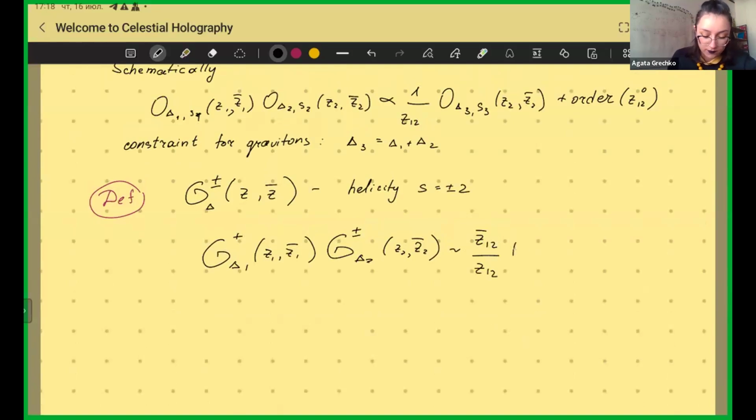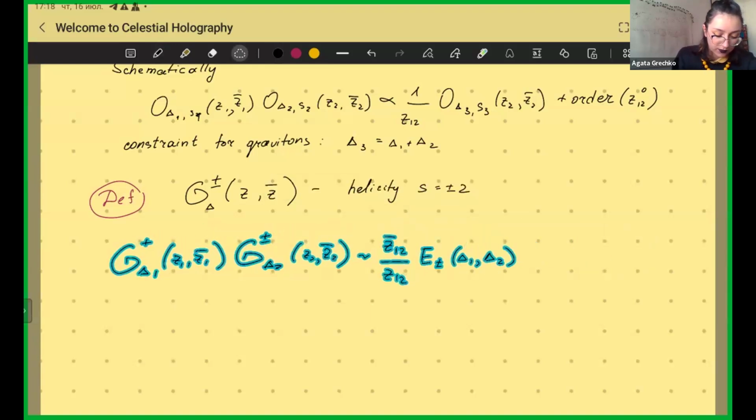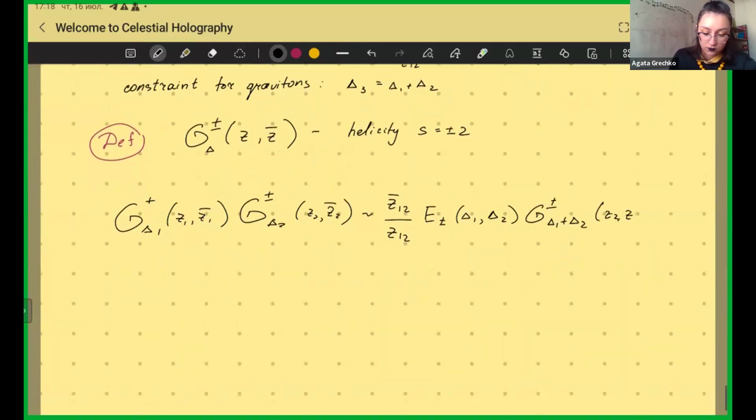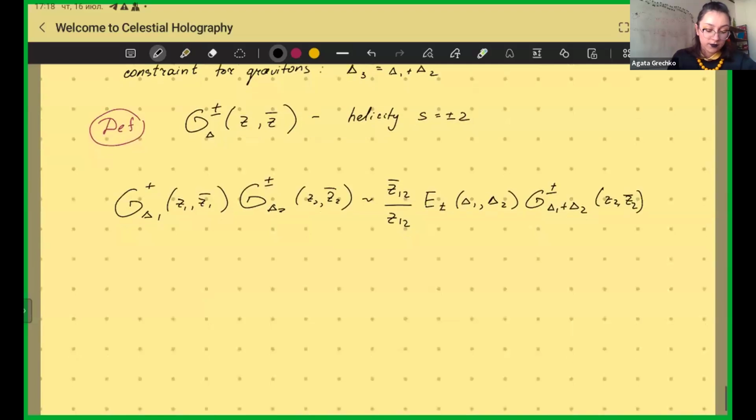This will give us an OPE with some function E, delta 1, delta 2, together with a third field, which, depending on the helicity of the second graviton, will be either a positive helicity or negative helicity graviton of weight 1, delta 1 plus delta 2, at z2, z2 bar.